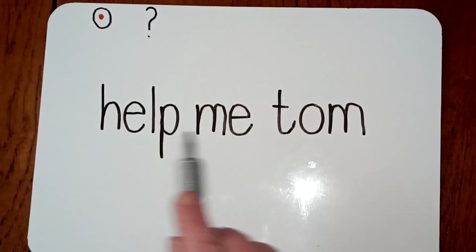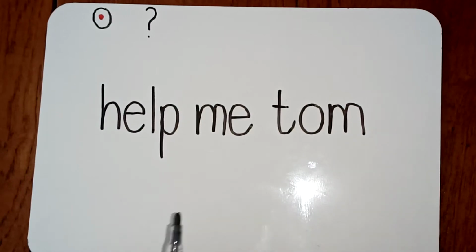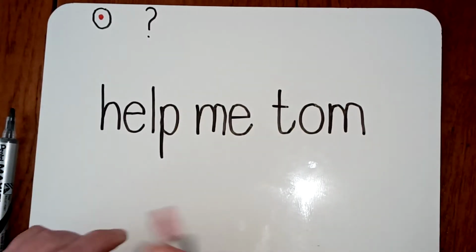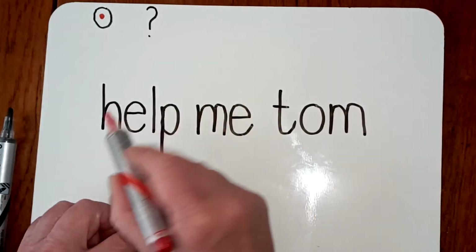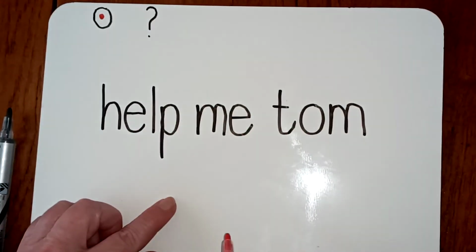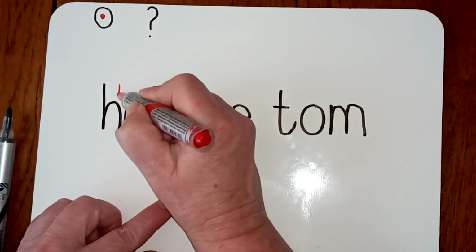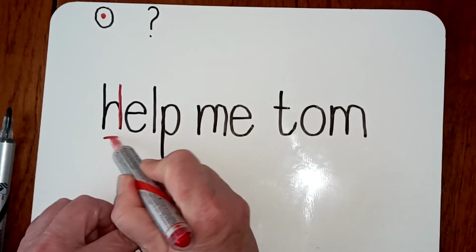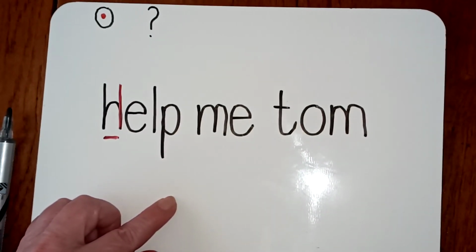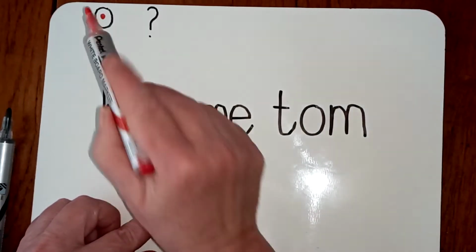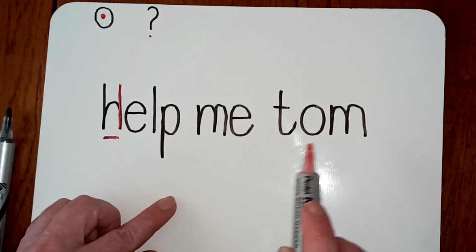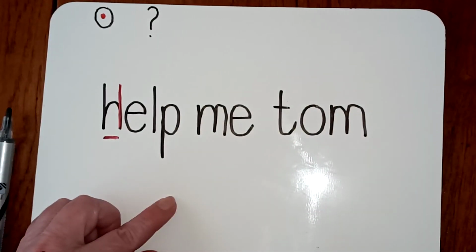Now, this is a sentence, and again, we've got mistakes. So let's first do the mistakes that we know. Help me, Tom. So help is the start, and again, it should be a capital letter. So we start sentences, questions, and this kind of sentence with capital letters, always start.